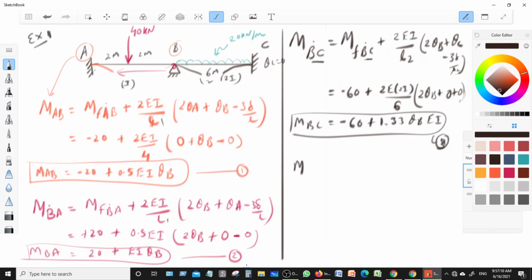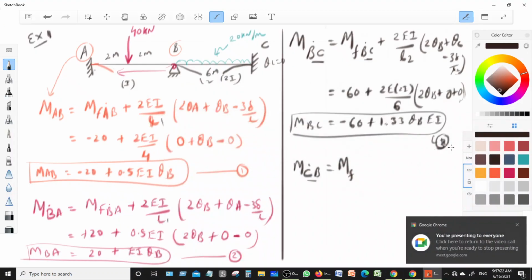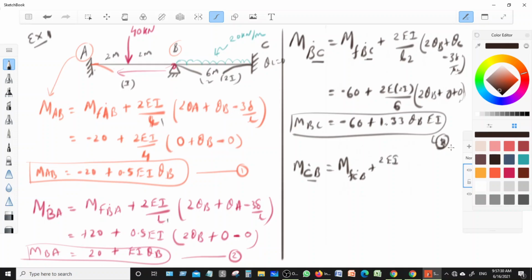Now we find out the moment at C for BC span, which is equal to the fixed end moment CB plus 2EI upon L2 in bracket. Now here it will be 2 theta C, because you are finding at C, plus theta B, the slope at B, minus 3 delta upon L2.